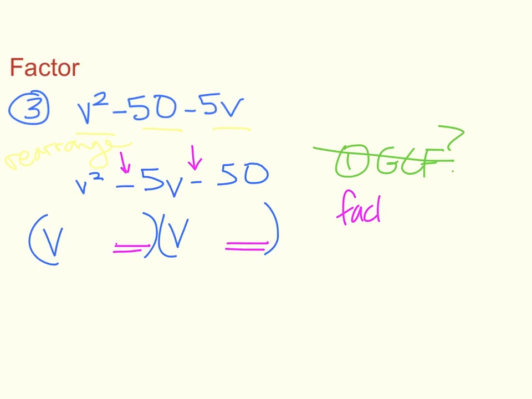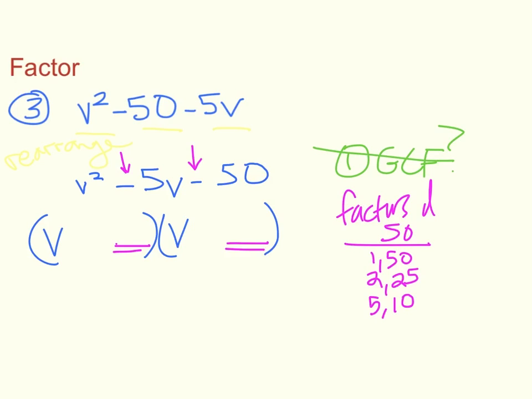So factors of 50, and more particularly -50, since that's what we're hoping to get. 1 and 50, 2 and 25, 3 doesn't go into 50, 4 doesn't go into 50, 5 does, 5 and 10. 6 doesn't, 7 doesn't, 8 does not, 9 does not, and 10 does.